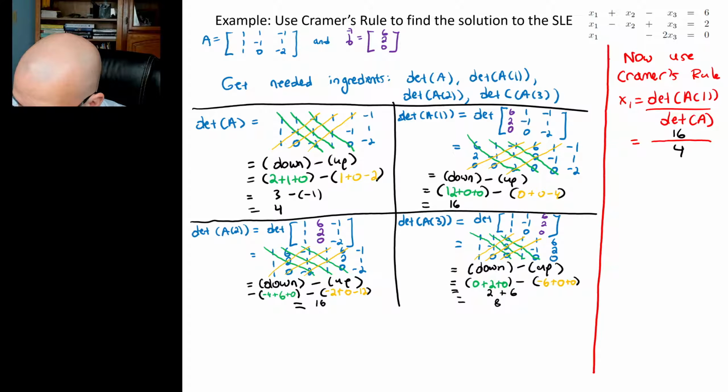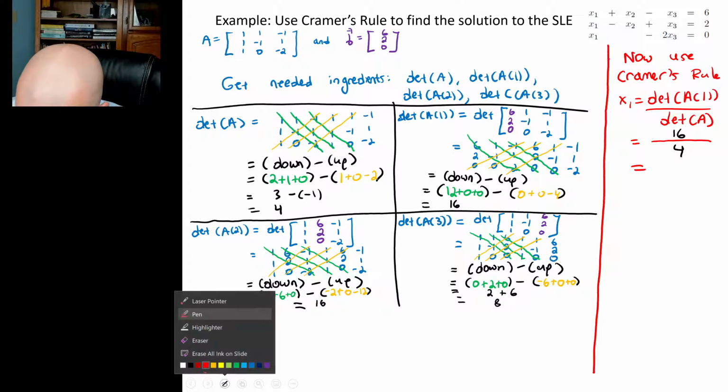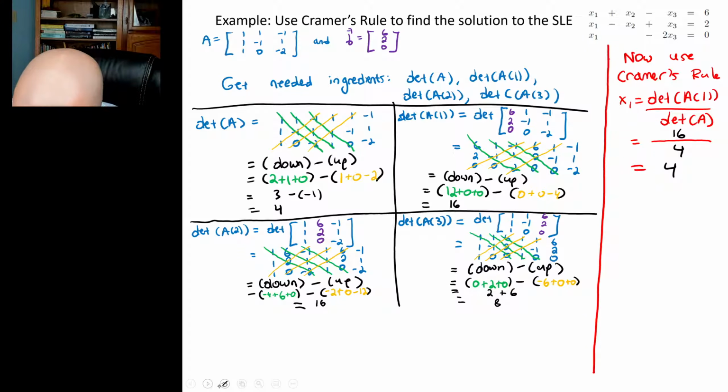Determinant of A, we got 4. So 16 over 4, we're going to get 4 for that. So that's our first answer.